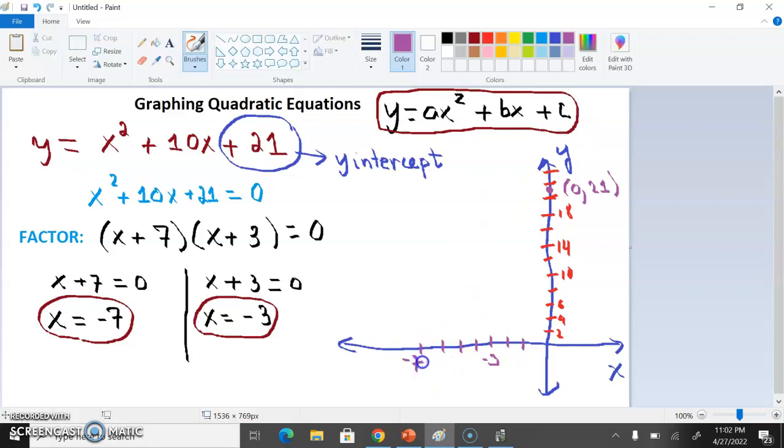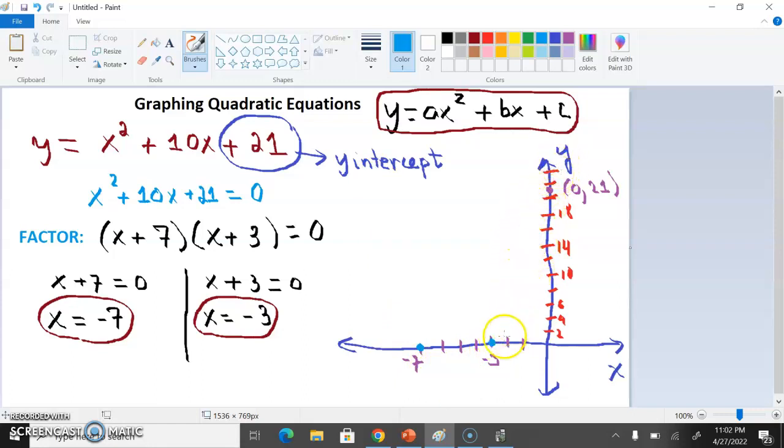Okay, so my zeros are going to be at -7 and -3. So now we know that the parabola is going to open upward, the y-intercept is 21, and my zeros are at -3 and -7. So I kind of know that my parabola is going to look something like that.